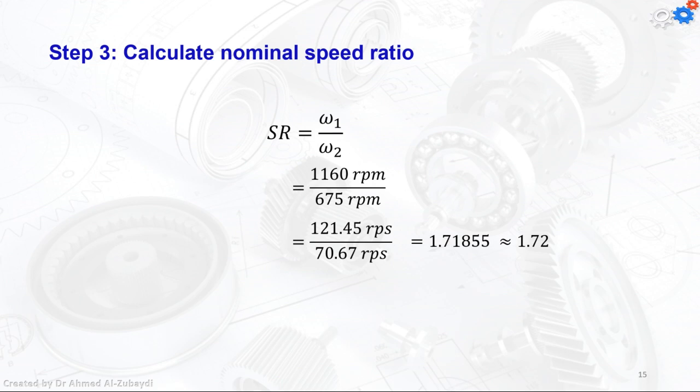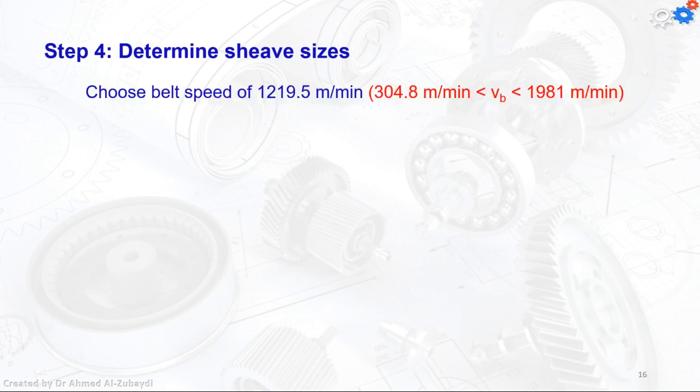Now, step number 3, we need to determine the sheave sizes. So we're going to choose that the belt speed of 1219.5 meter per minute is going to be applied. How did we get this one?